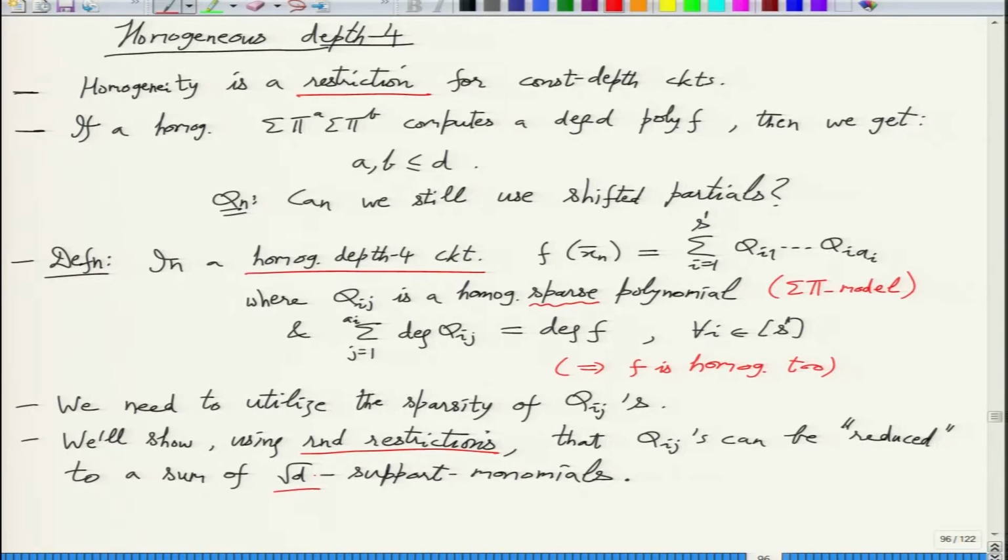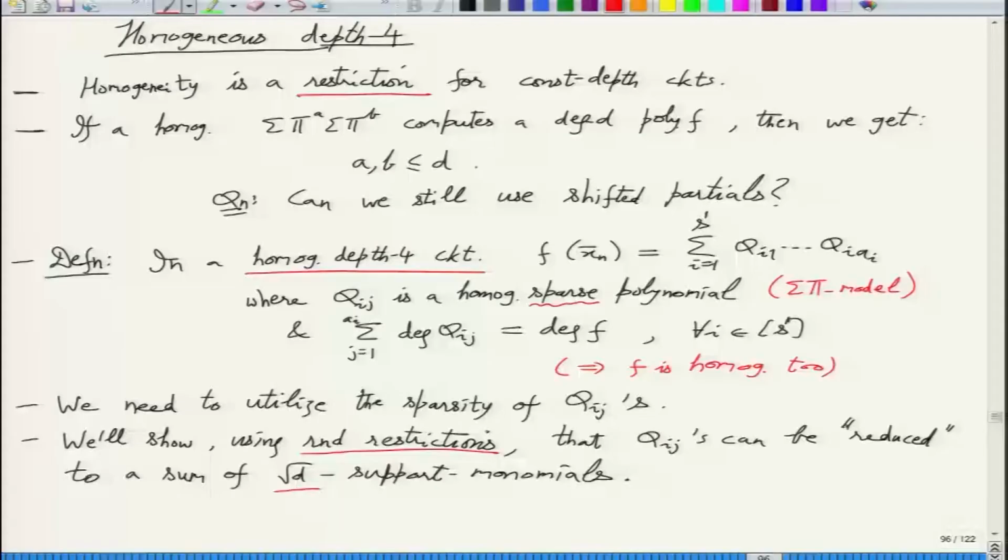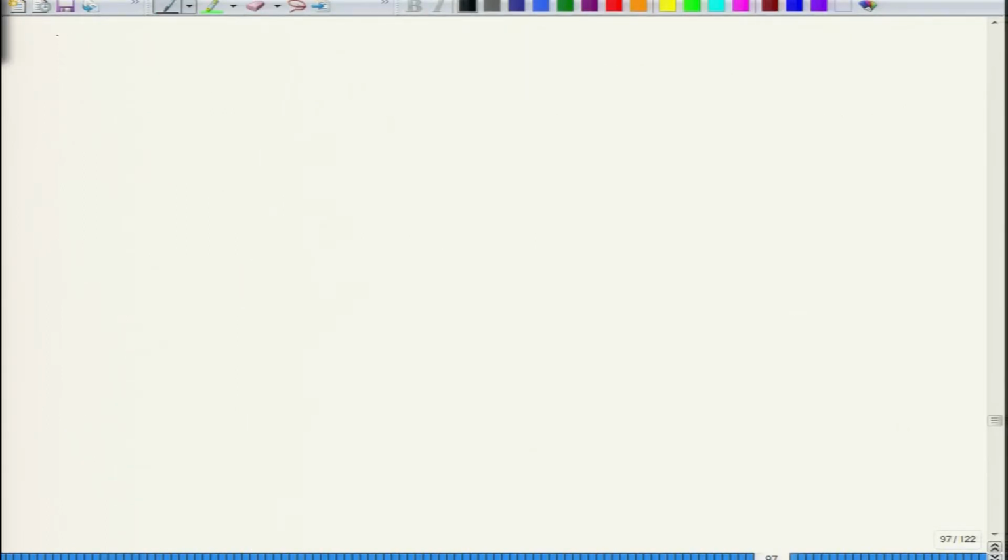Okay, so we are basically killing some variables, and the advantage will be B will come down to square root D, and then we can use shifted partials as before. So let us prove that lemma formally. First state it.